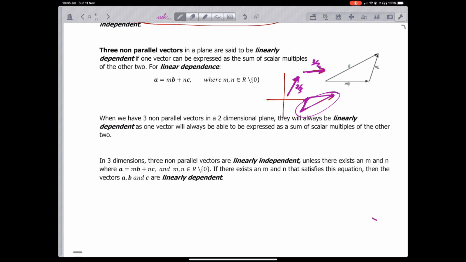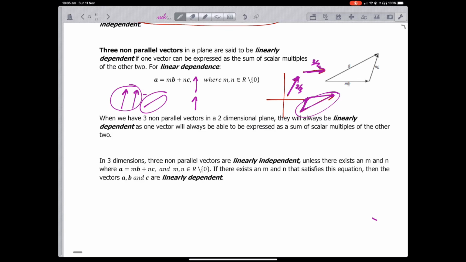If I had two parallel vectors and a non-parallel vector, there's no way with these two vectors that I could make this vector, because if I add one to the other, there's no way I'm going to change direction and make this vector.